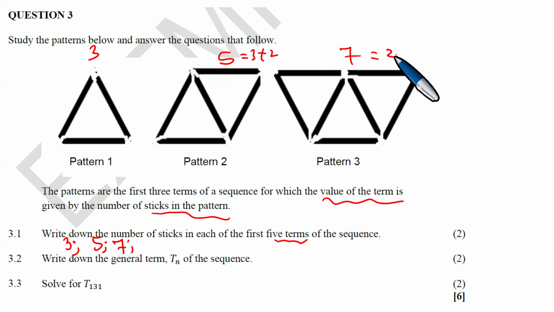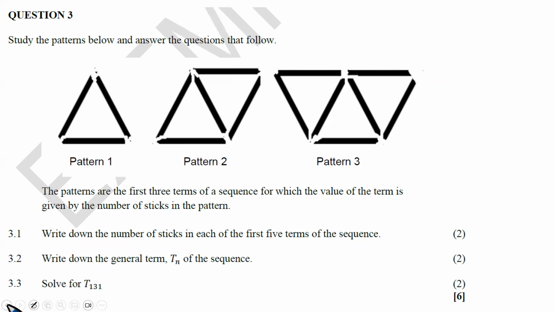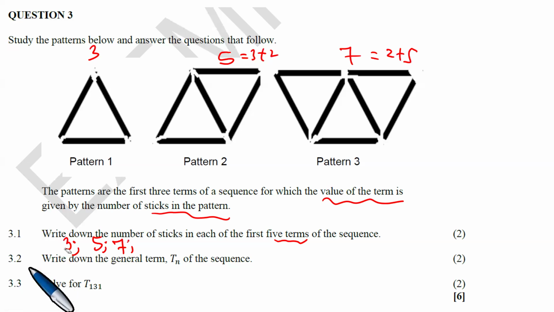And also this one is 2 plus 5. So you can write 5 plus 2 here, so that this one here is exactly 5. So you start with 3, then you add 2 to 3, because 3 plus 2, you get a 5. And you have 5, then you plus 2, you get a 7.